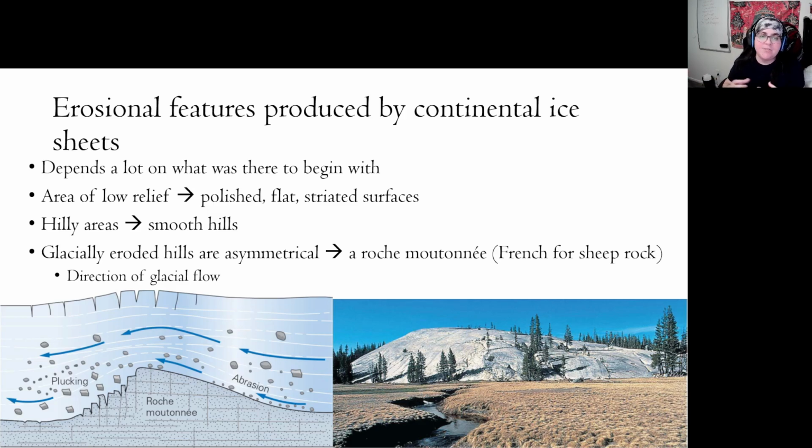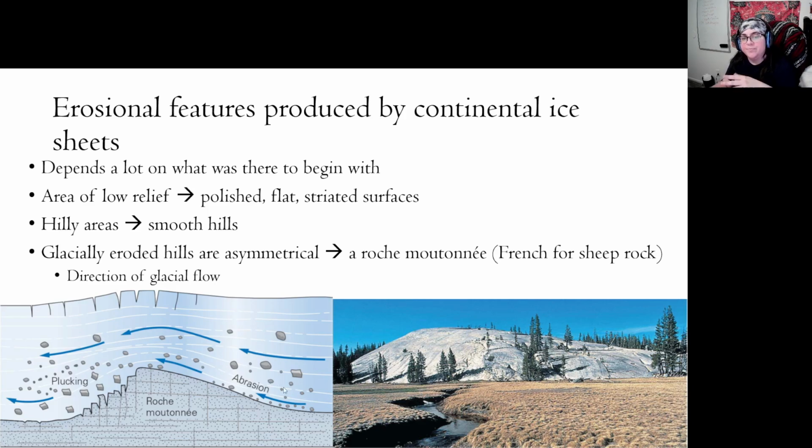And part of this smoothing out is that these glacially eroded hills end up being asymmetrical, and they are called roches moutonnées. I do not know French, my bad. But basically, it's French for sheep rock, because at some point someone thought that they looked like a sheep lying down. But the orientation and the look of these hills can help us indicate the direction of glacial flow.